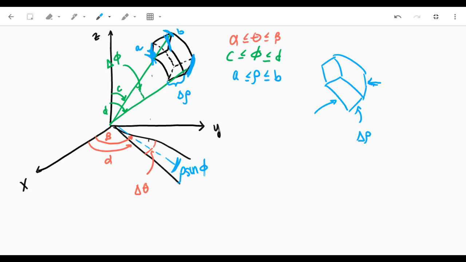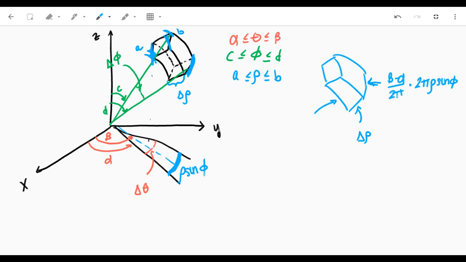It's the same length as right here. It's a sector of a circle, right? So it would be beta minus alpha out of 2 pi times the circumference of the circle, which would be 2 pi rho sine phi. That's just your arc length of a sector of a circle. The portion of the circle would be the angle beta minus alpha out of 2 pi, and the circumference would be 2 pi r.